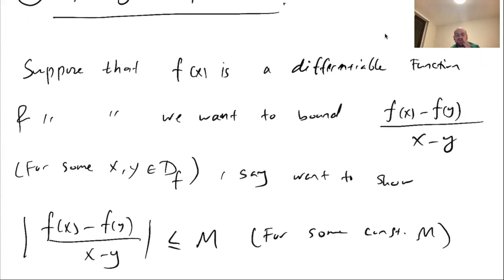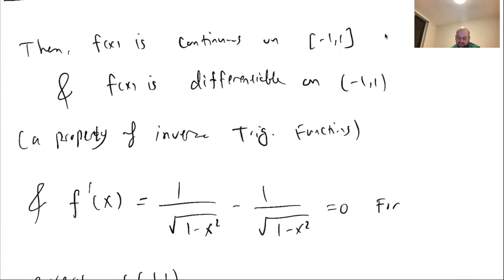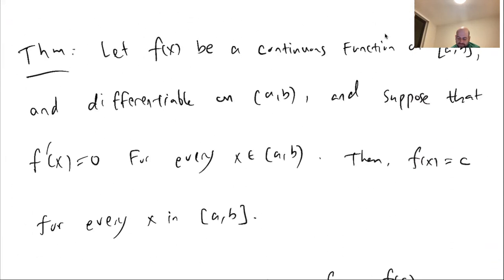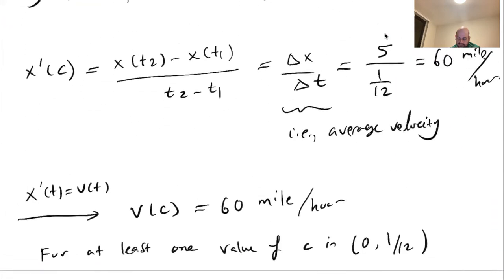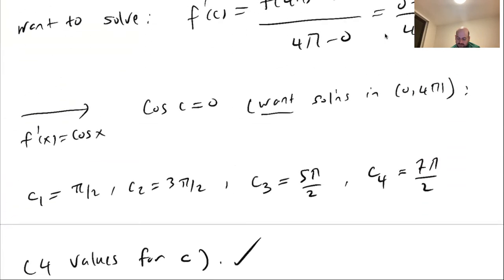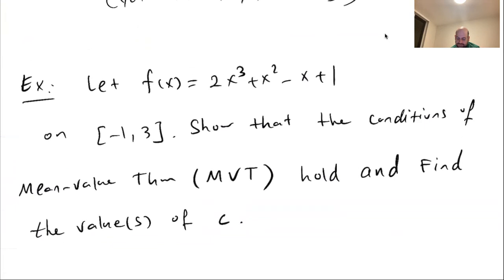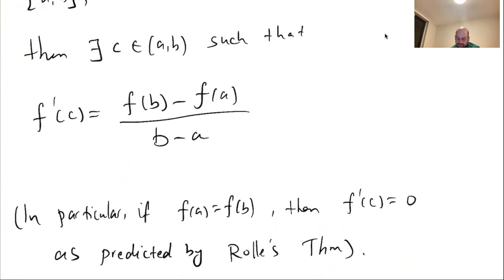Now (f of x minus f of y) over (x minus y), if f is differentiable, according to the mean value theorem, is equal to what? Do you remember the statement of the mean value theorem? Let me show you the statement here.